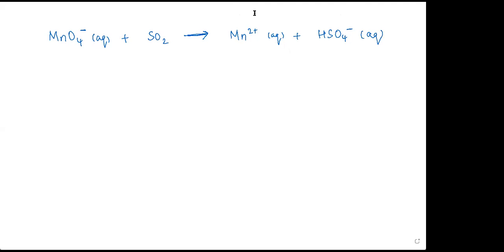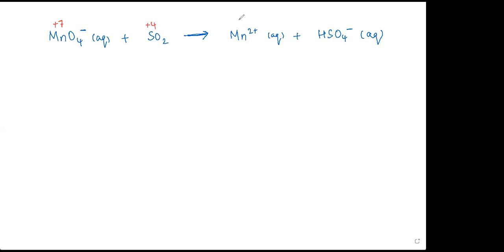So step 2, assign oxidation states to each element. In MnO4 minus, the oxidation state of Mn is plus 7. Always don't forget the sign. Plus 7. Sulfur in SO2 is plus 4.